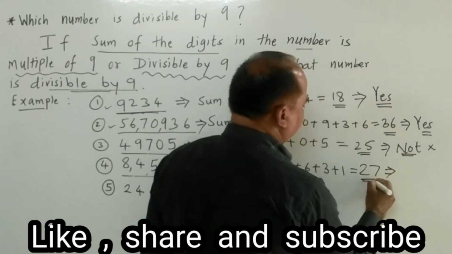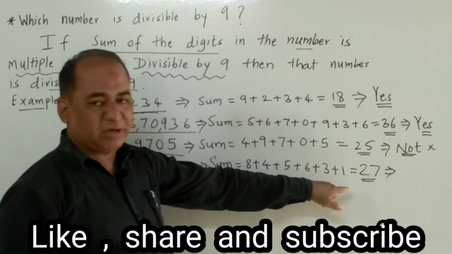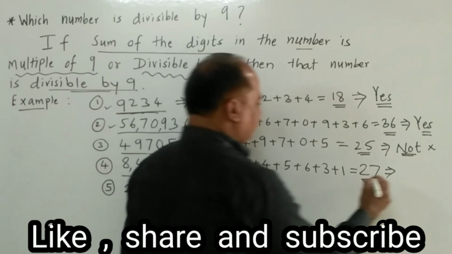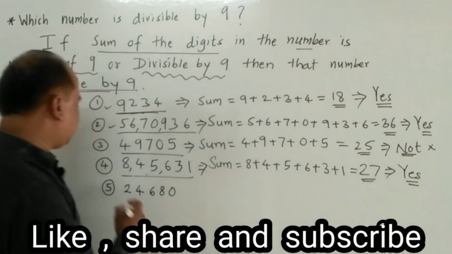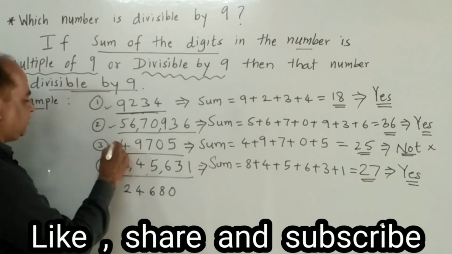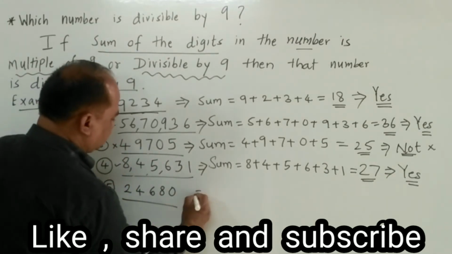Is 27 a multiple of 9? Yes, it is a multiple of 9. 9 threes are 27. So this number is divisible by 9.